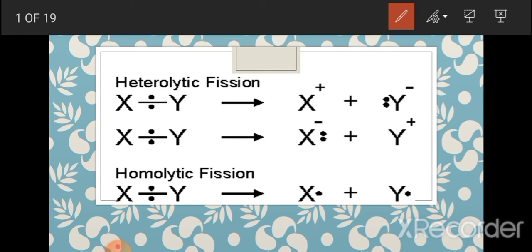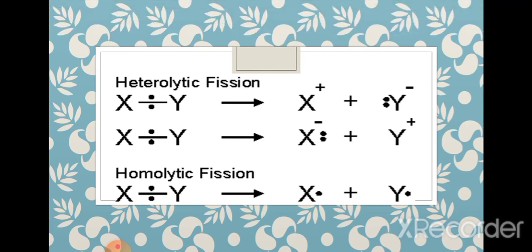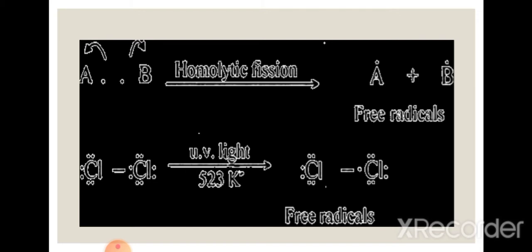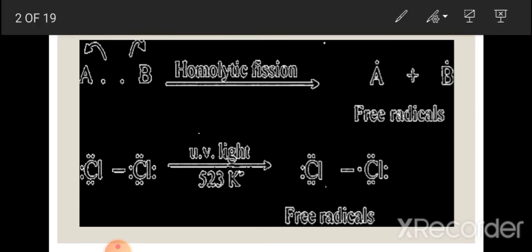According to their fission only, we are going to keep them in two different segments, heterolytic cleavage and homolytic cleavage. Let's see what is homolytic fission. Homolytic fission is also called symmetrical fission, as the word says, there is a symmetry in the fission. So in this cleavage, the bond breaks in such a fashion that each atom takes away one electron of the shared pair.